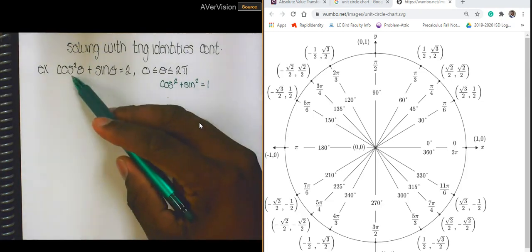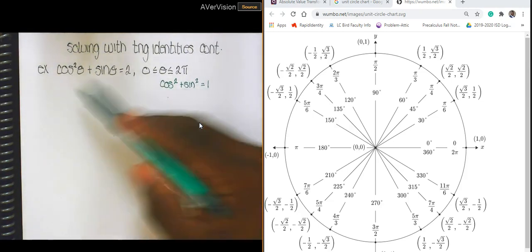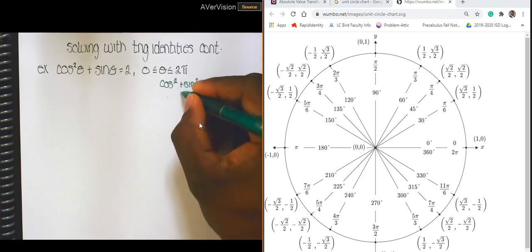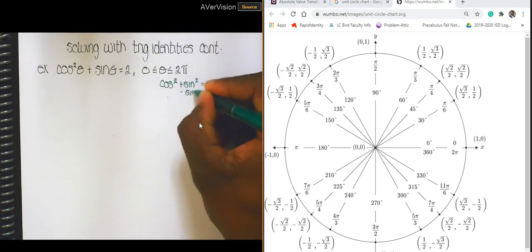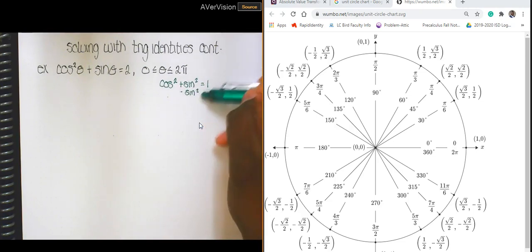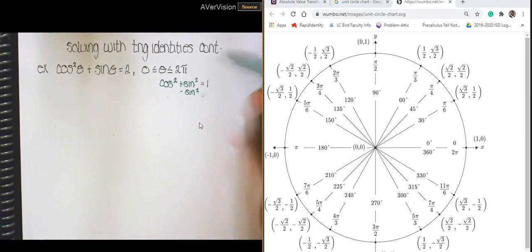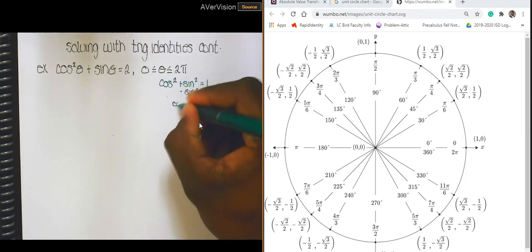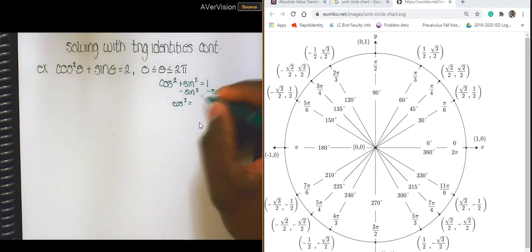Because we have cosine, we're able to change this cosine squared in terms of sine. If we get cosine squared by itself, we get that cosine squared is equal to 1 minus sine squared.